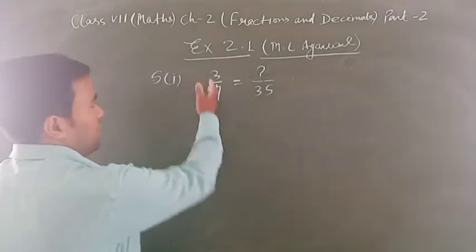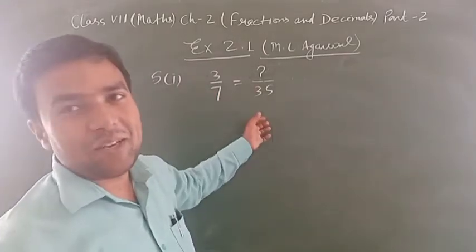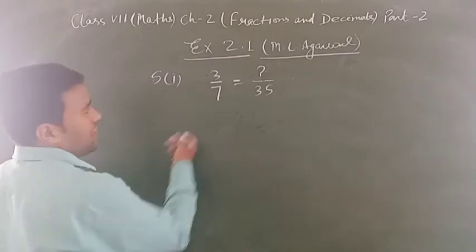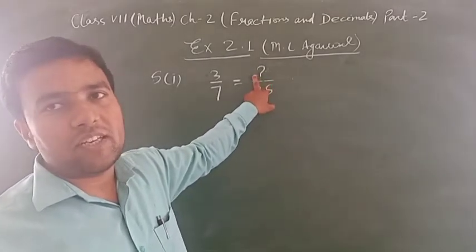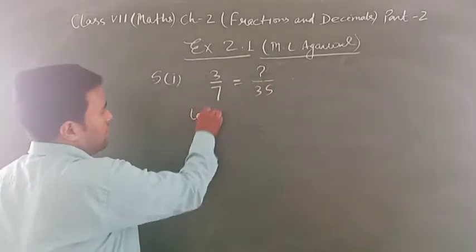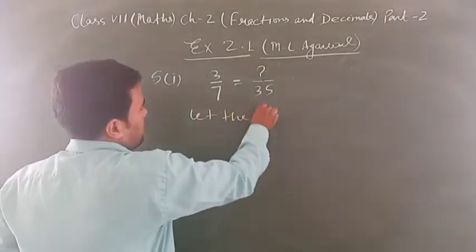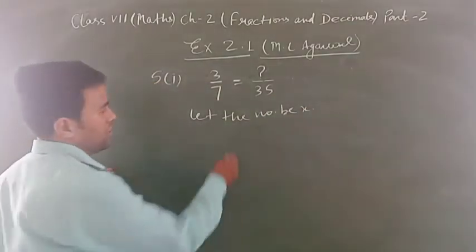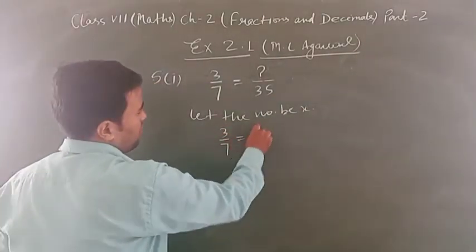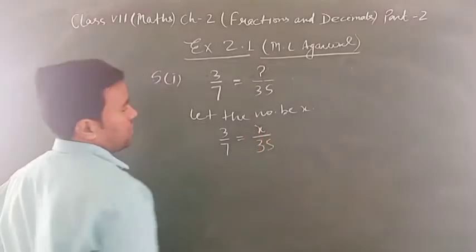Clear? 3 by 7 equal to question mark upon 35. After that, first of all, in the blank place we will take x, means let the number be x. 3 by 7 equal to x by 35.